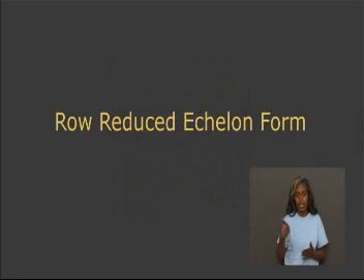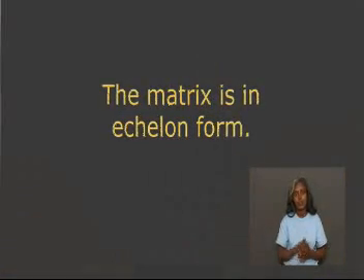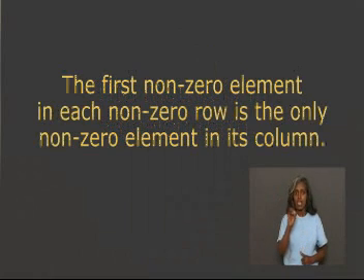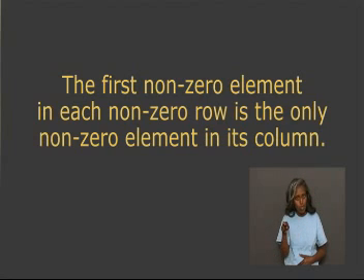Our next definition is row reduced echelon form. A matrix is in row reduced echelon form if and only if the following statements are true. It is in echelon form. The first non-zero element in each non-zero row is the only non-zero element in its column.